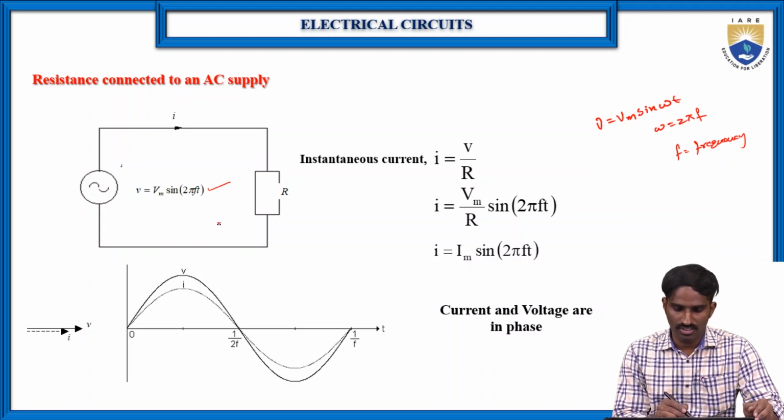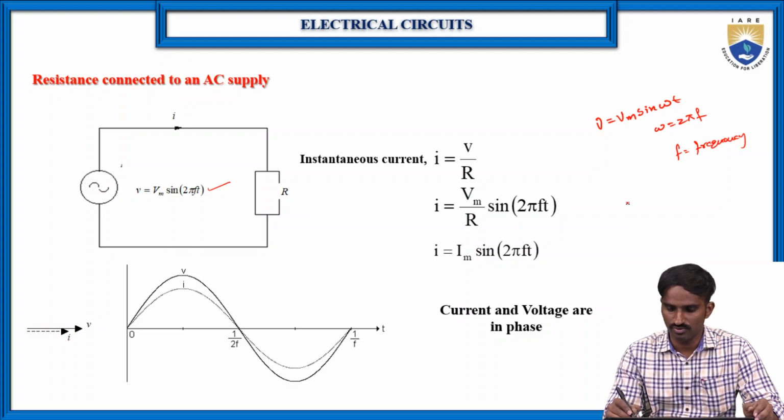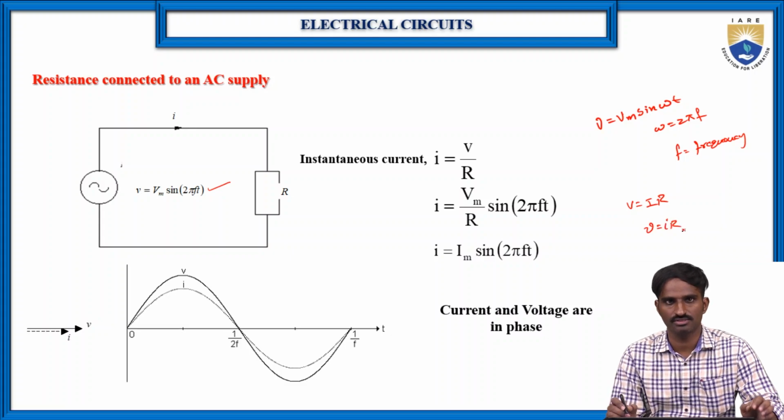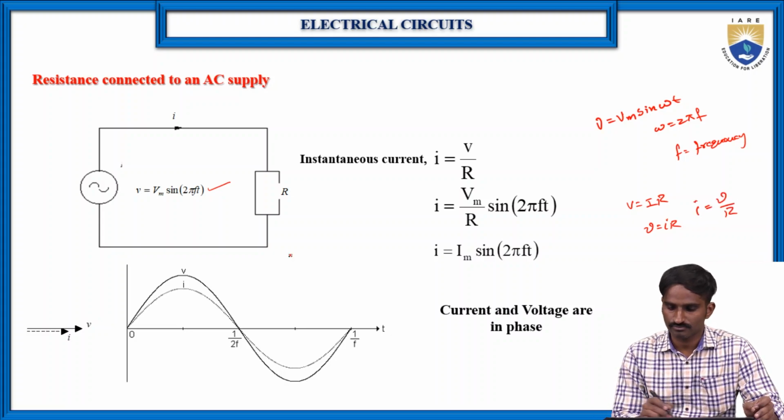As we know the voltage and the resistance, we can find the current, because according to Ohm's law, V is equal to I into R. Since these are AC quantities, we usually represent them in small letters, small v and small i. From this, i is equal to v by R, and we already know v, so i is equal to Vm sine 2 pi ft by R.